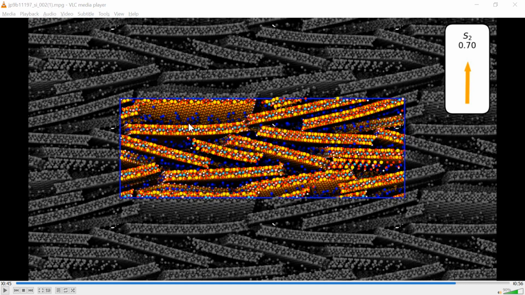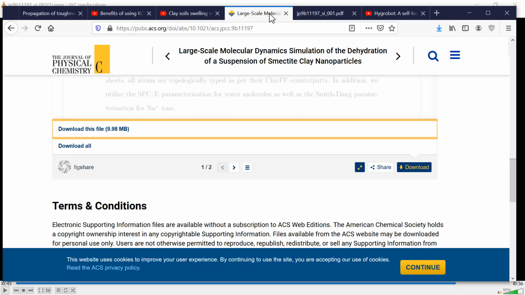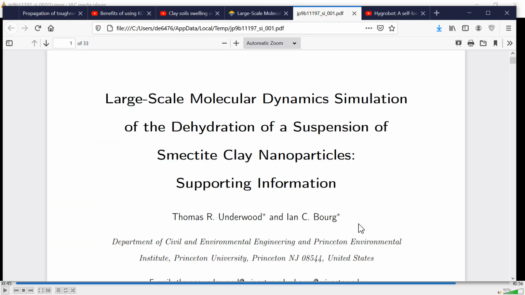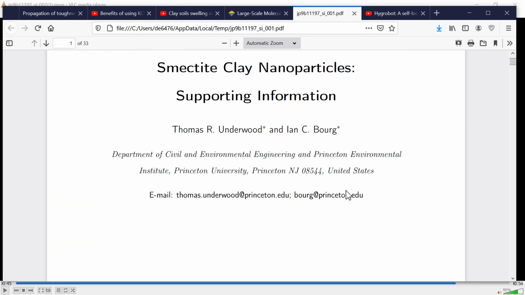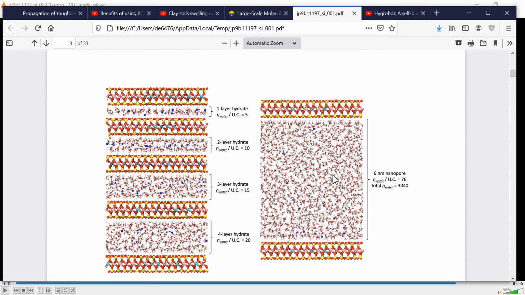The water has been made invisible in this case, and it is in between the platelets and in between the ions. And this is the paper and the reference of that video, but what you really have in that simulation is a lot of water molecules and some ions in there and the clay platelets.